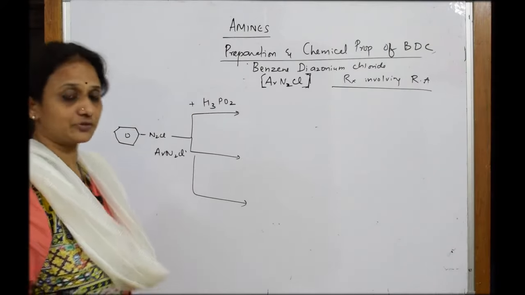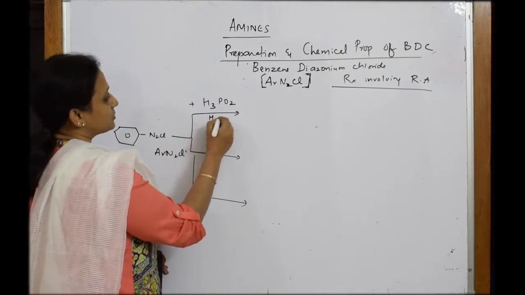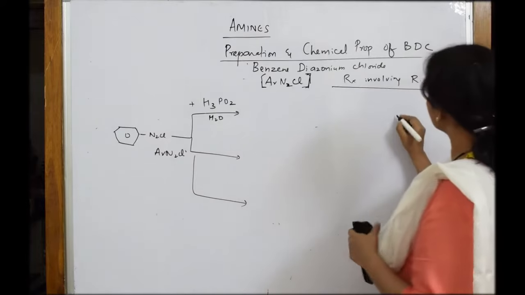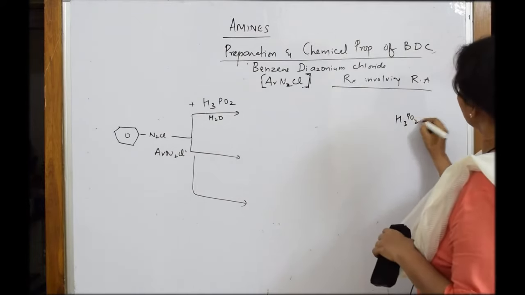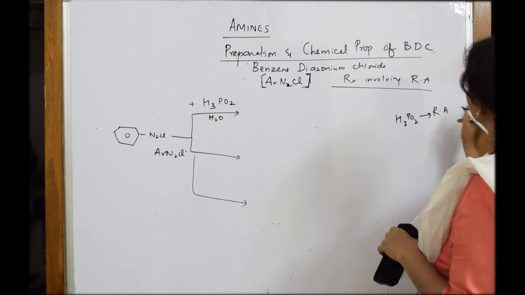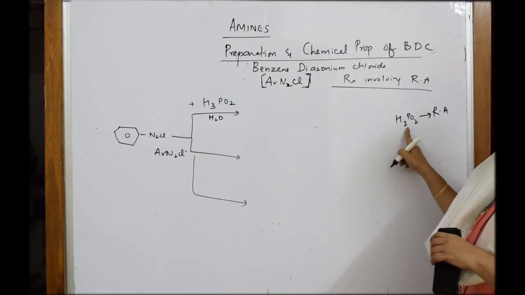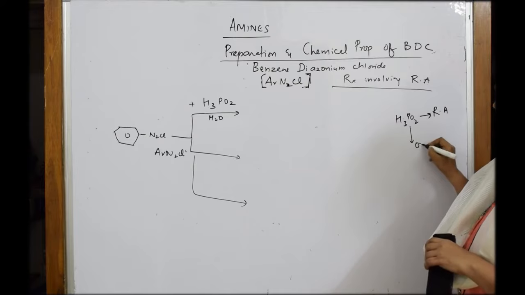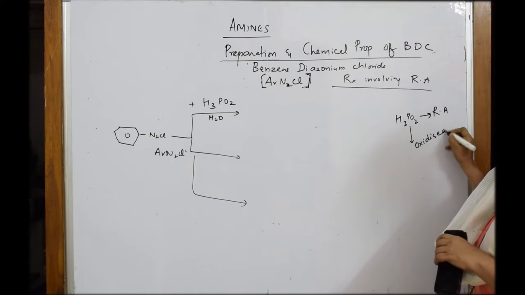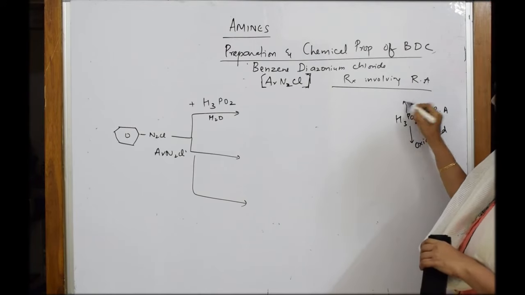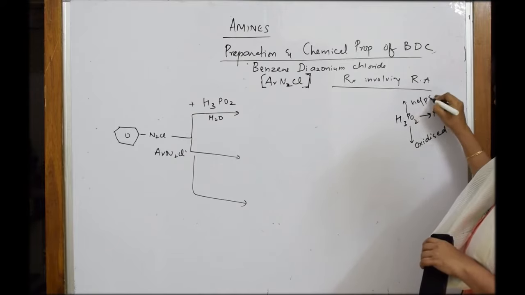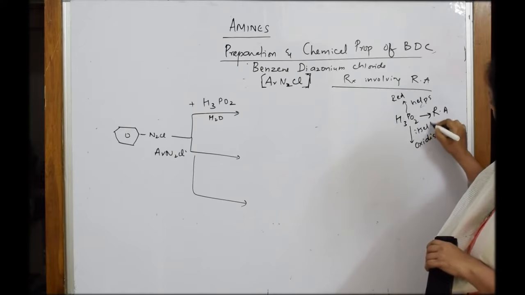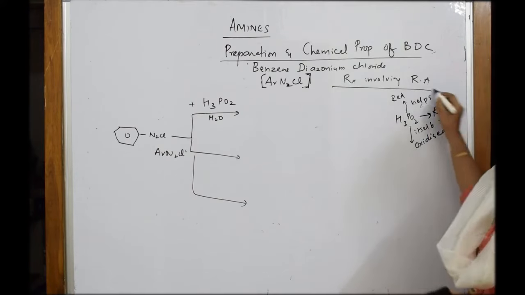H3PO2 is hypophosphorous acid, and even water also depends on water. So when you're adding hypophosphorous acid, what is the role? H3PO2 is a reducing agent. So what does it do? It helps in reduction and itself gets oxidized, isn't it? That is the condition. Yes, this is your concept.